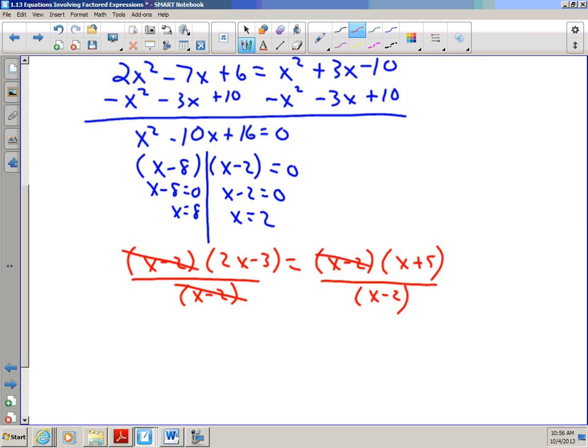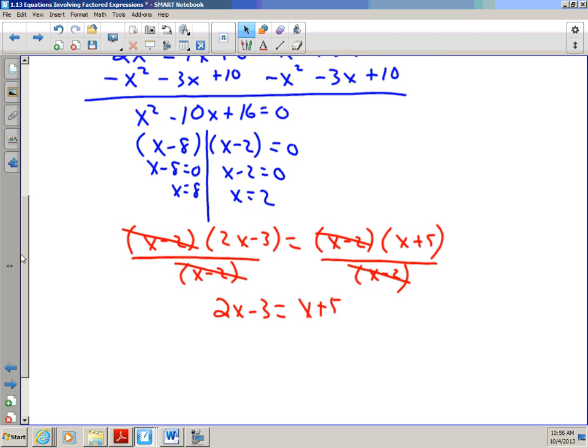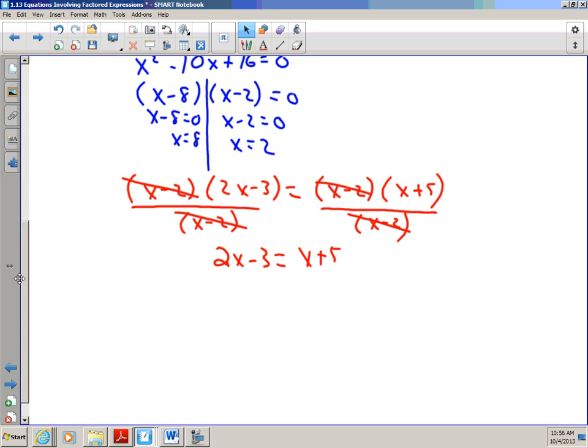Well, the thing that's really nice about it is it leaves me with a much simpler result. Okay? As you will see, the highest exponent of any of the variables is 1. That means this is called a linear equation, which you should recall from last year.